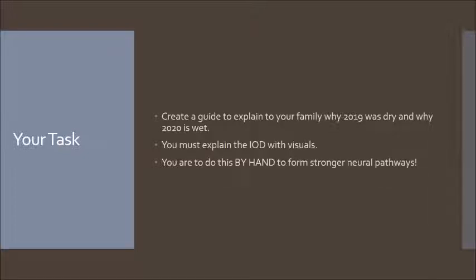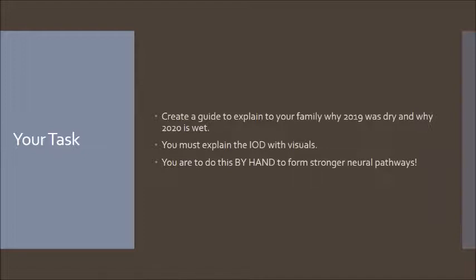And then I want you to create a guide to explain to your family or to someone who doesn't know why 2019 was dry and why 2020, the start, has been wet. Okay? So you must explain the Indian Ocean dipole in this guide, and there must be visuals. So you must include pictures in this guide.